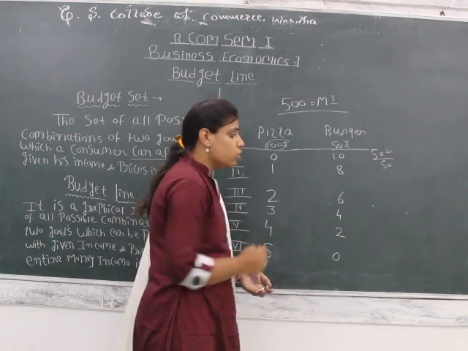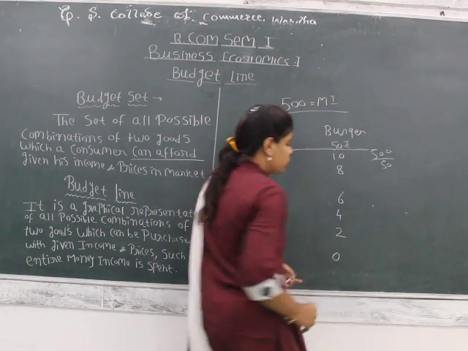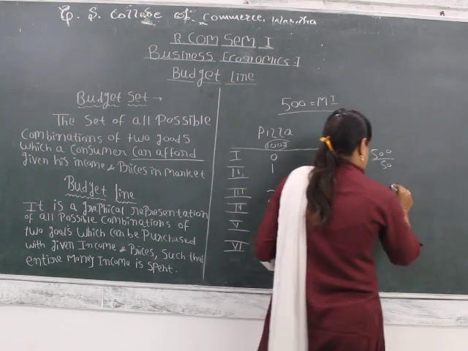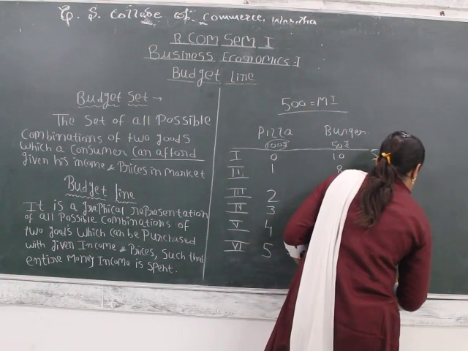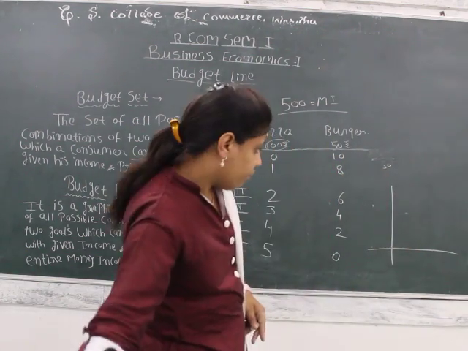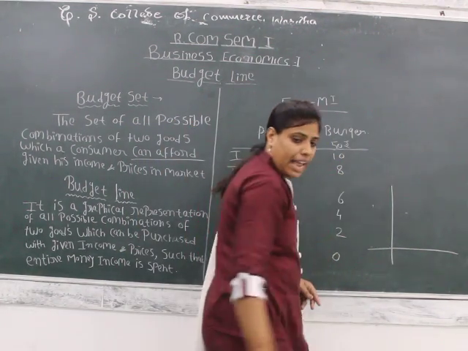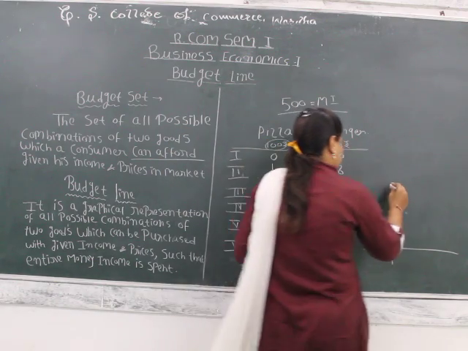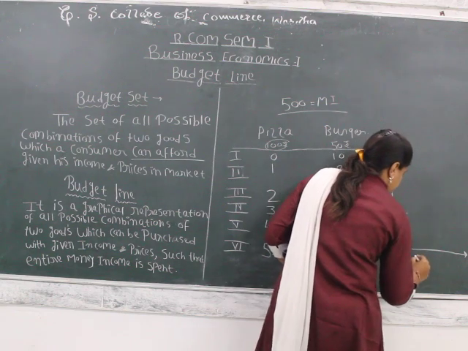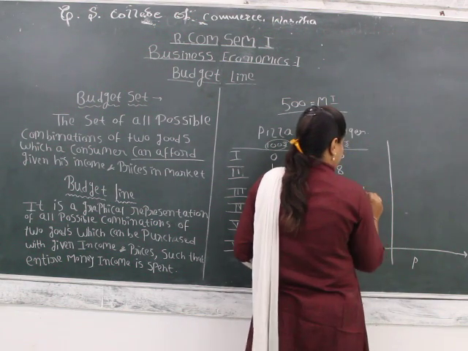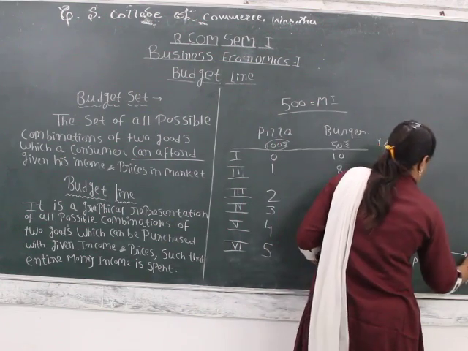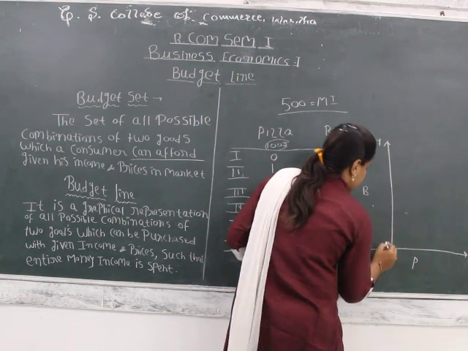Now we are going to plot these combinations on a graph. See, this is the graph. On the x-axis in this graph we will take pizza, and on the y-axis we will take burger. X-axis pizza, y-axis burger.